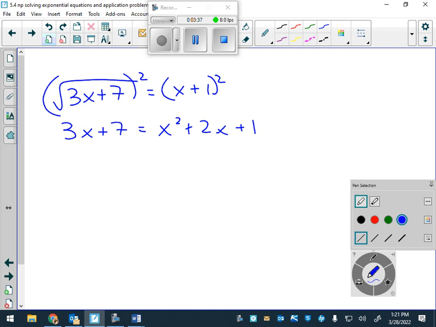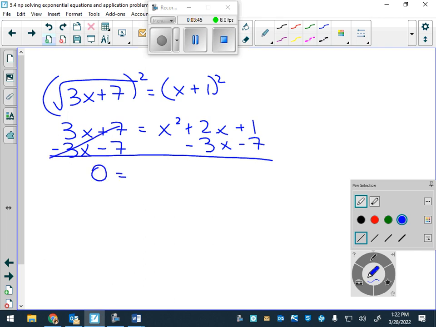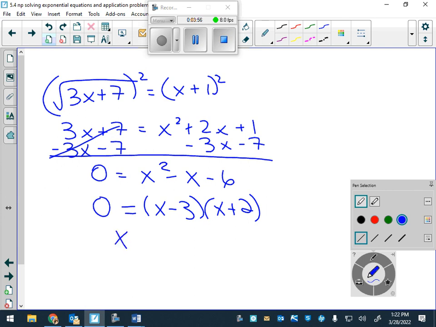Since I have an x squared, from here I am subtracting the left-hand side. 0, x squared minus x, minus 6. In factored form, your 2 possible solutions were 3 and negative 2.